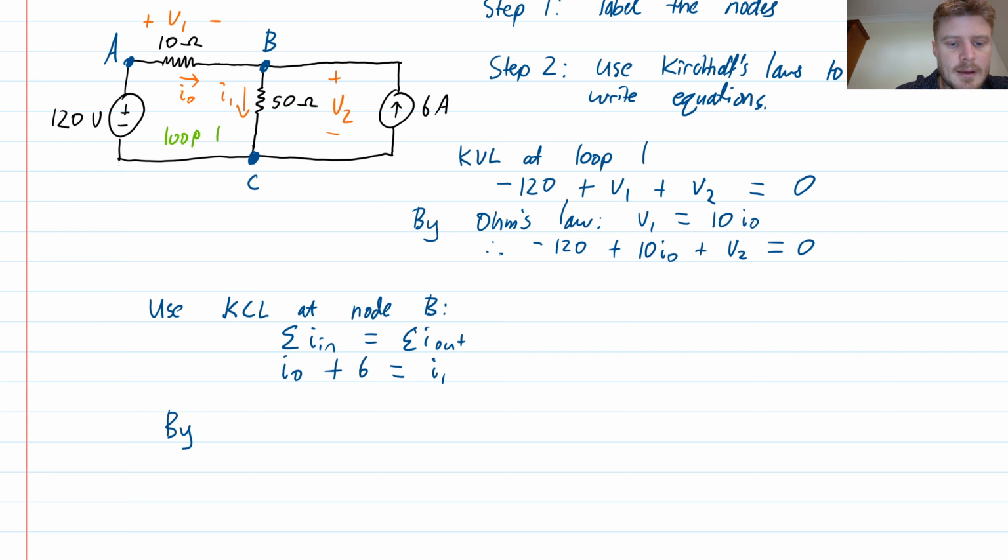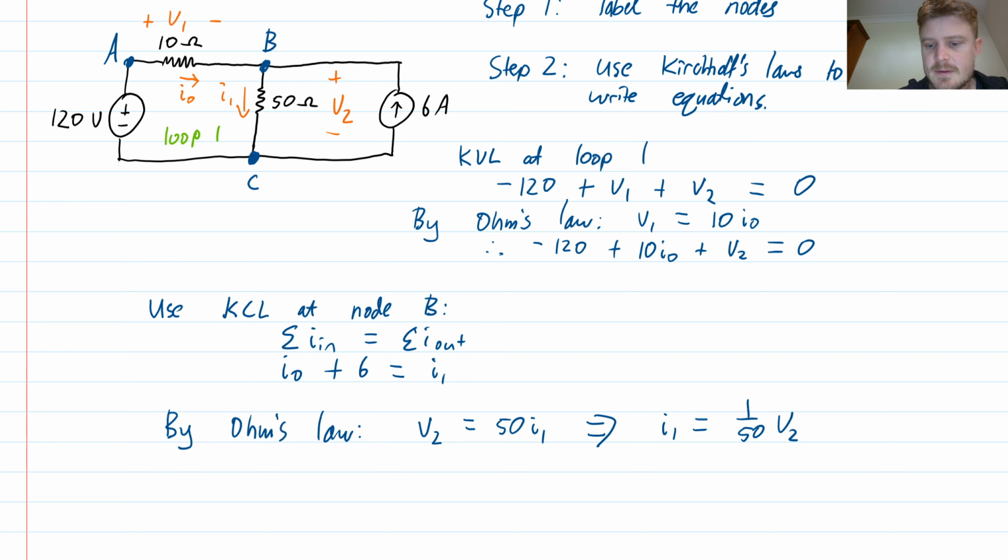By Ohm's law, V2 is equal to 50 times I1. Rearranging that gives me that I1 is 1 over 50 times V2.